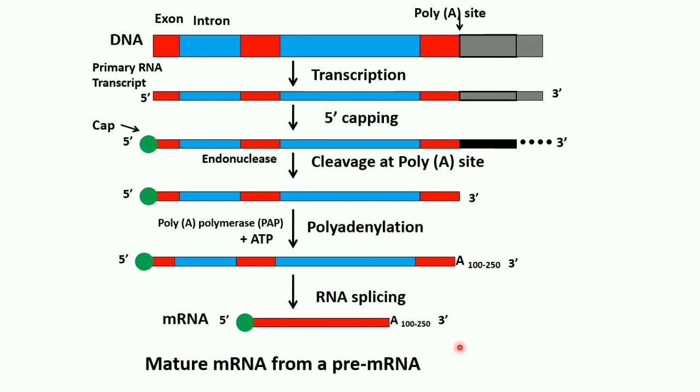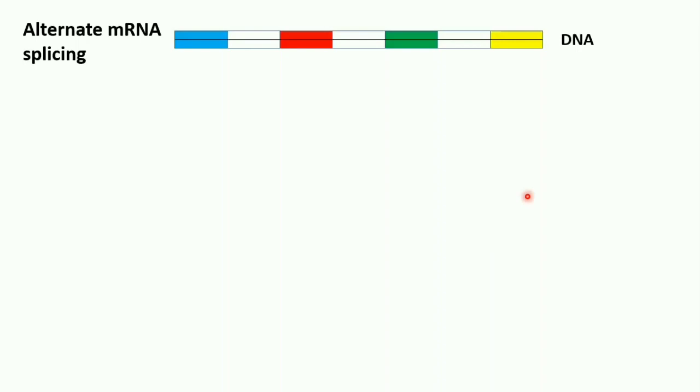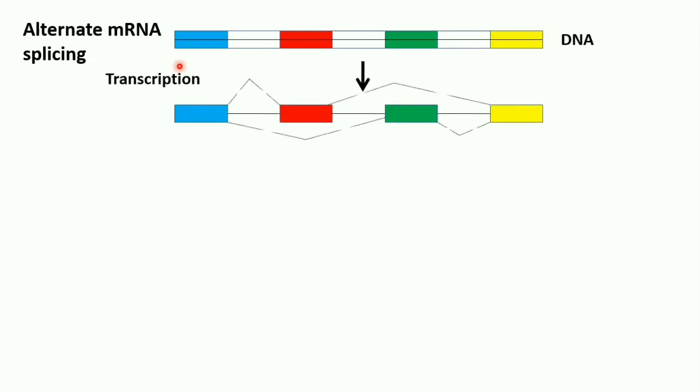Another way is alternative mRNA splicing. In alternative mRNA splicing, the introns are removed and the ligation of exons produces the desired mRNA through a process called splicing.